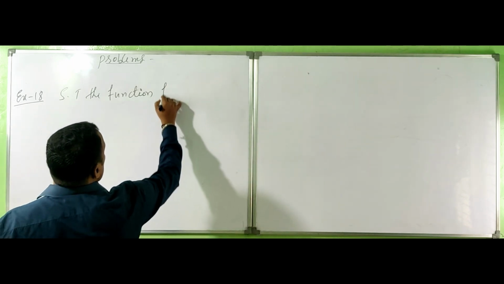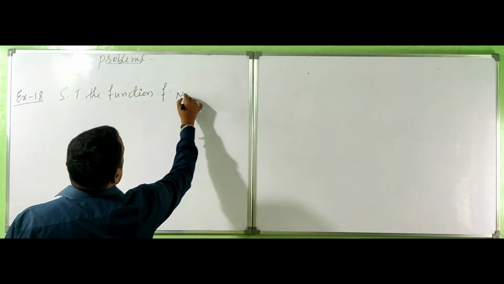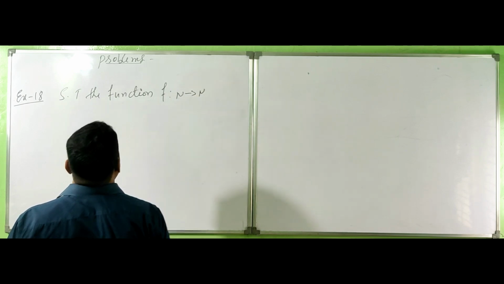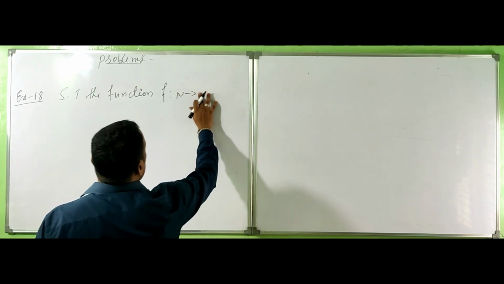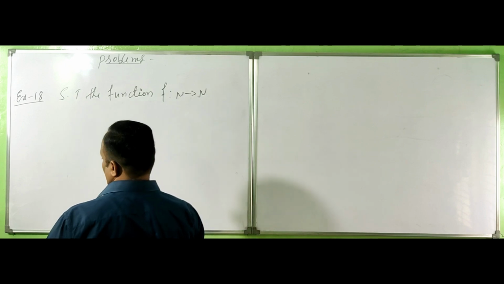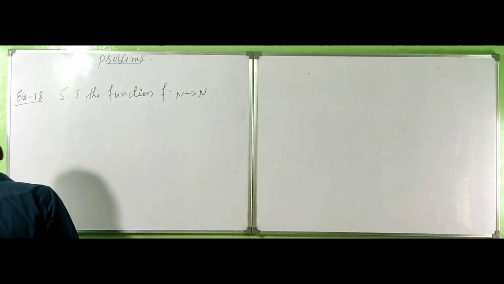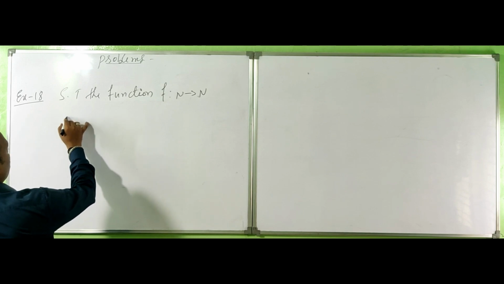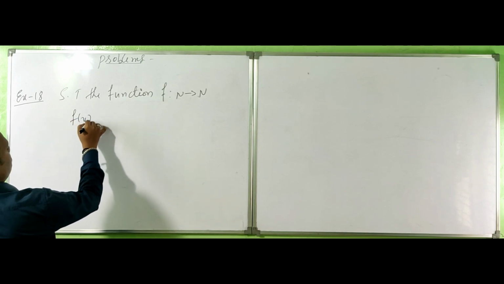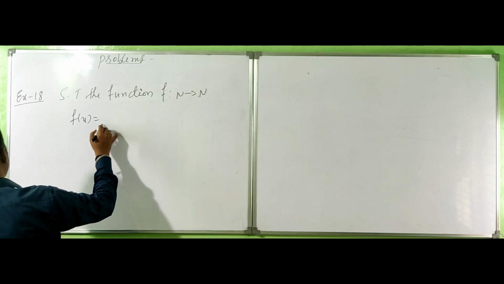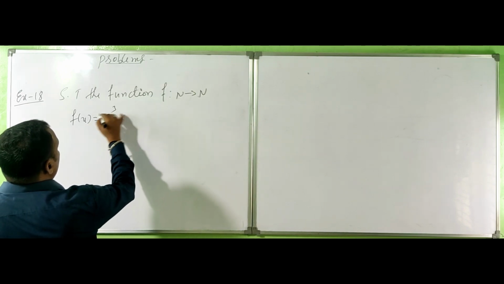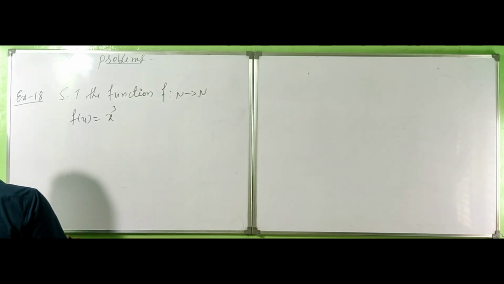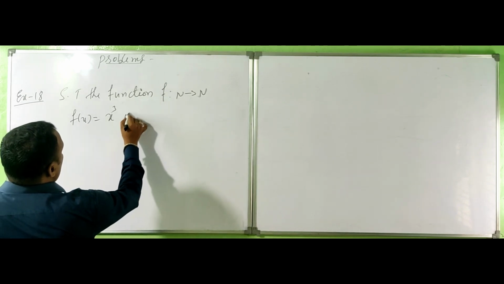Show that the function f from N to N defined by f of x equal to x cube is injective but not surjective.